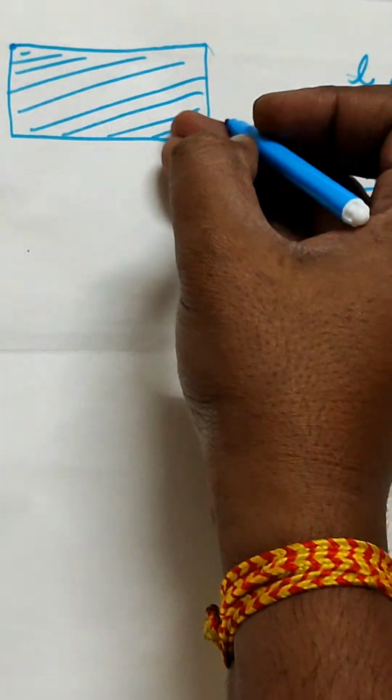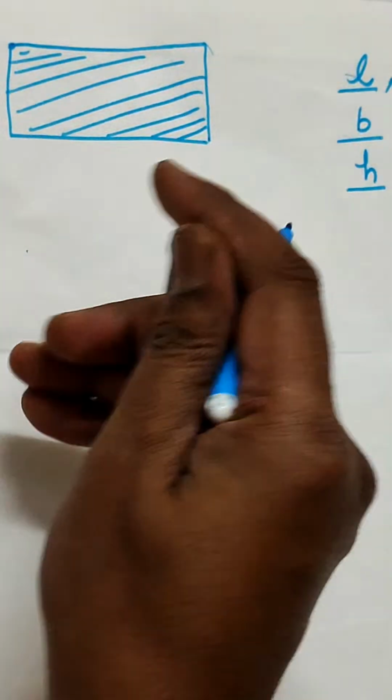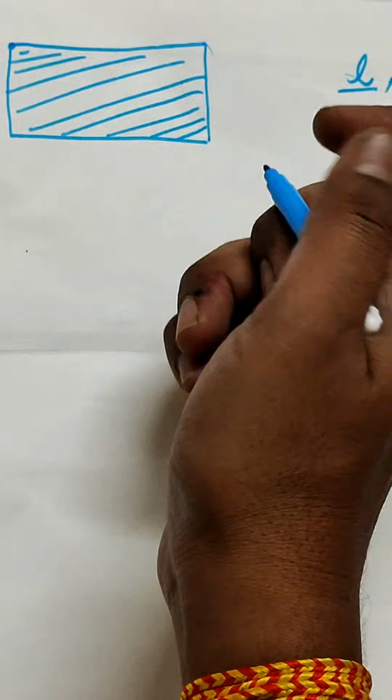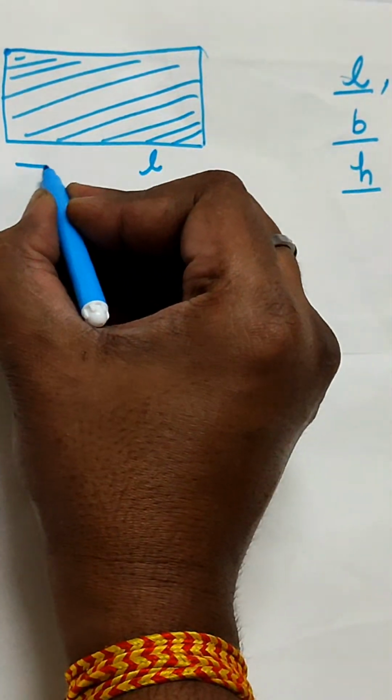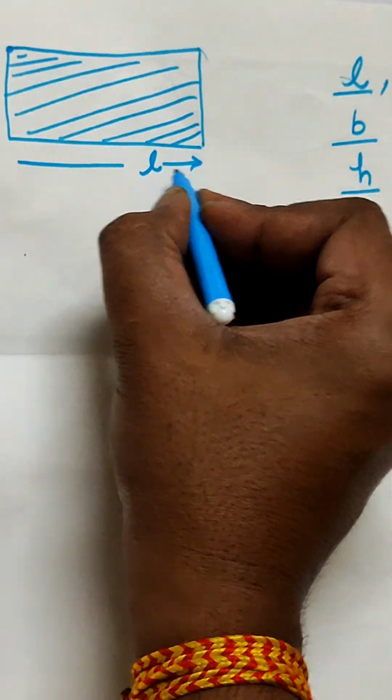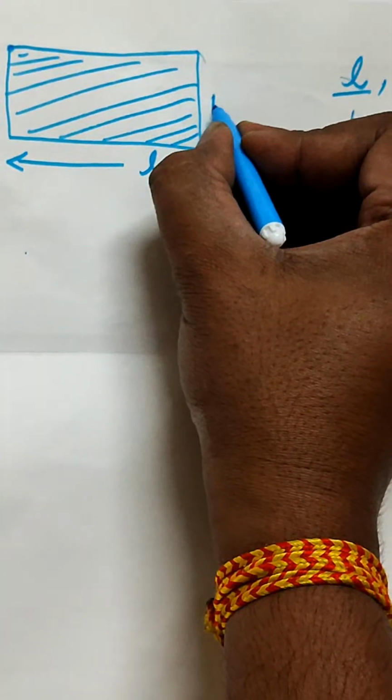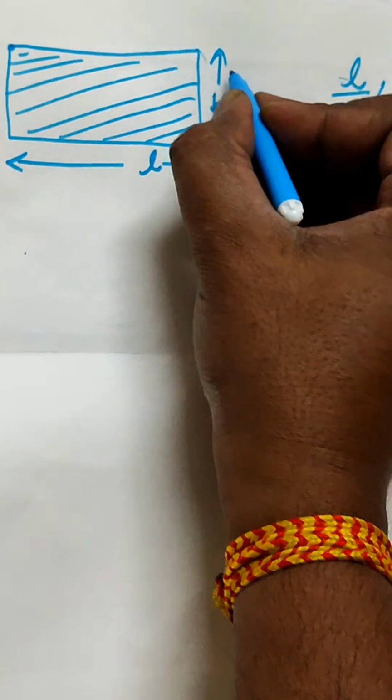So if this is one of the areas, then we can say that this area will be covered by L into one side, and B into one side.